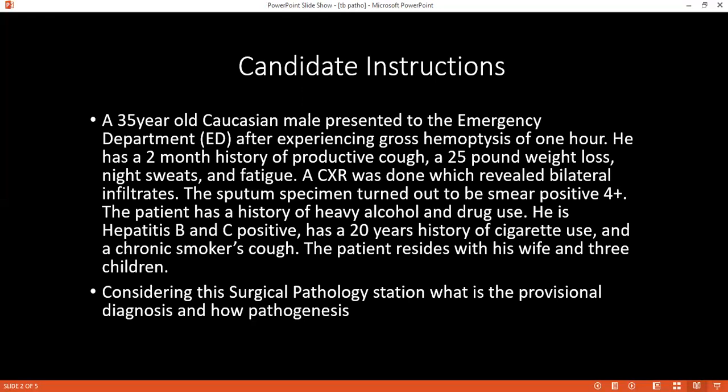Can you name a few conditions in which granuloma can also be found? Yes, ma'am. It can be infective or inflammatory. Infective can be tuberculosis, leprosy, fungal infections. Inflammatory can be rheumatoid arthritis, Crohn's disease, sarcoidosis. Very good.